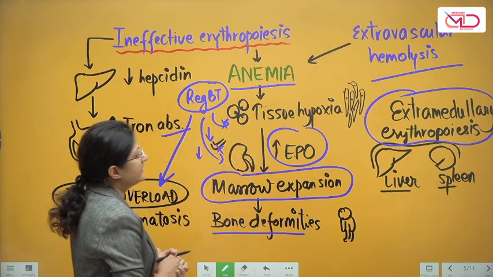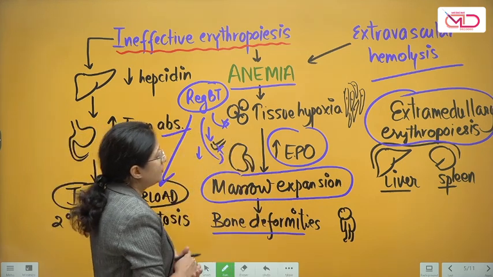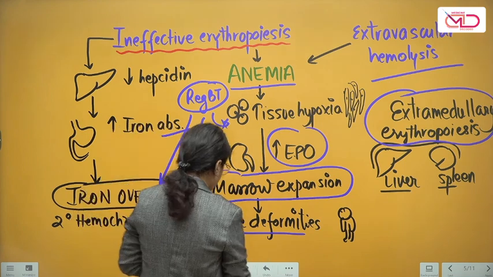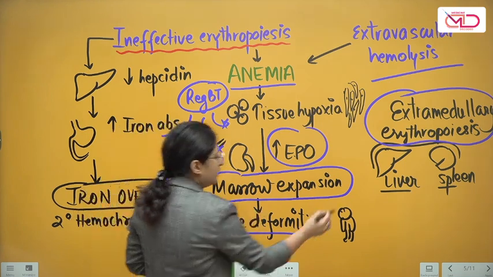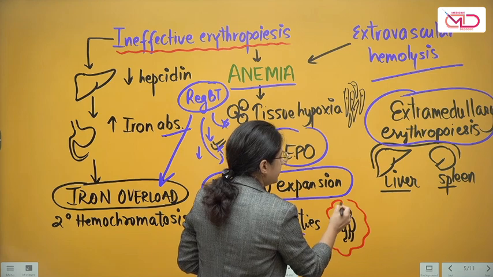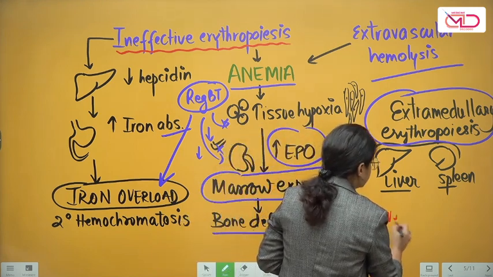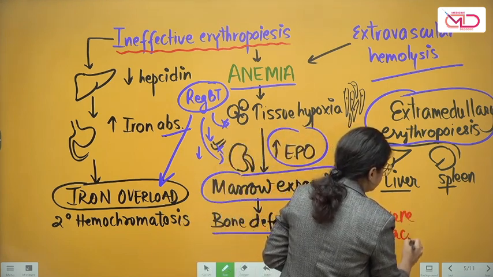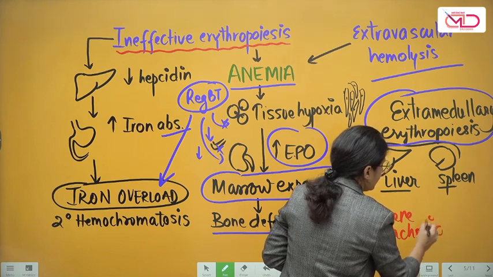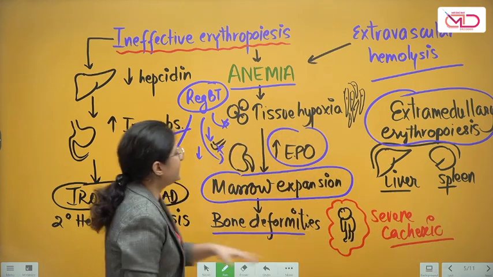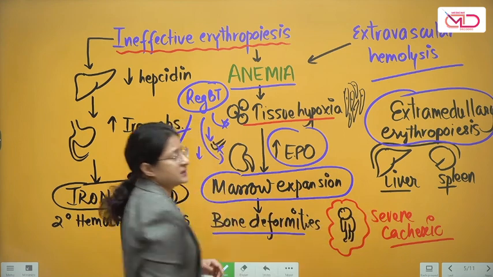Now, the other thing is, in beta-thal major, look at this person here, a drooping, stunted child, right? He is severely cachexic, right? On the one hand, the tissues are hypoxic.